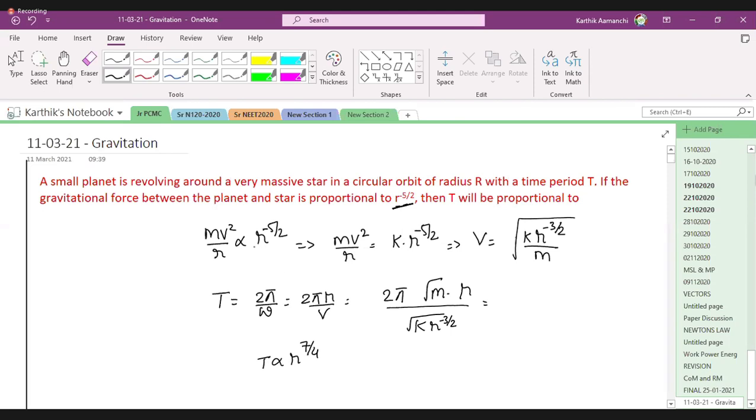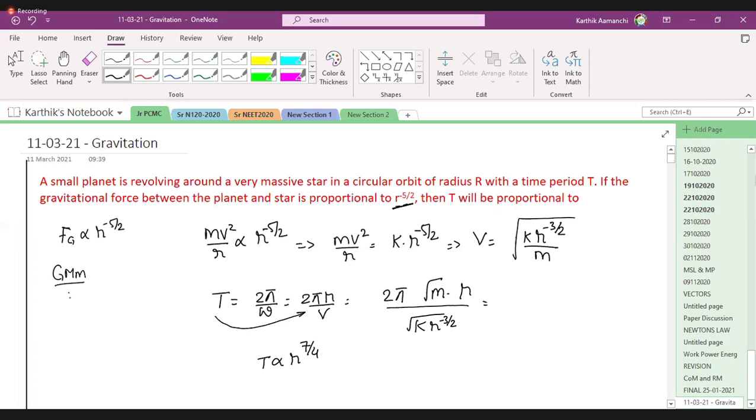Now you understood why I have used my mv squared by r. Sir, by using the gravitational force formula, we can't get the answer, sir. How do you get it by using your gravitational force formula? No, sir. As gravitational force is inversely proportional, so we can use F is proportional to 1 by r power 5 by 2. Gravitational force Fg is directly proportional to r power minus 5 by 2.